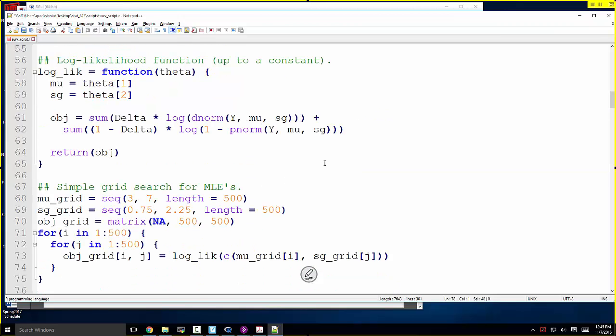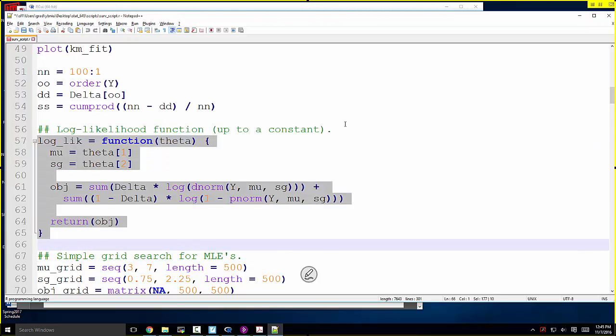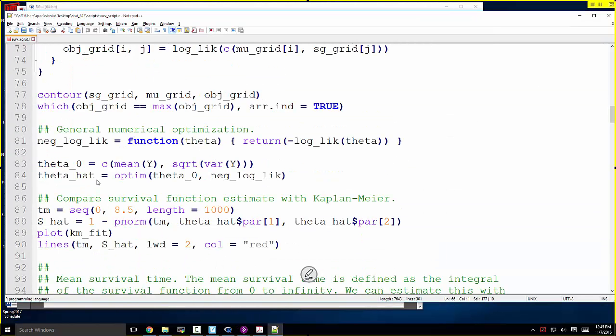So what we did next was use the optim function. This was my function for evaluating the log likelihood. And then down below, we used optim to maximize that function. Remember that optim actually does minimization of an objective function. So in order to use optim to get maximum likelihood estimates, what we did was pass it the negative log likelihood function.